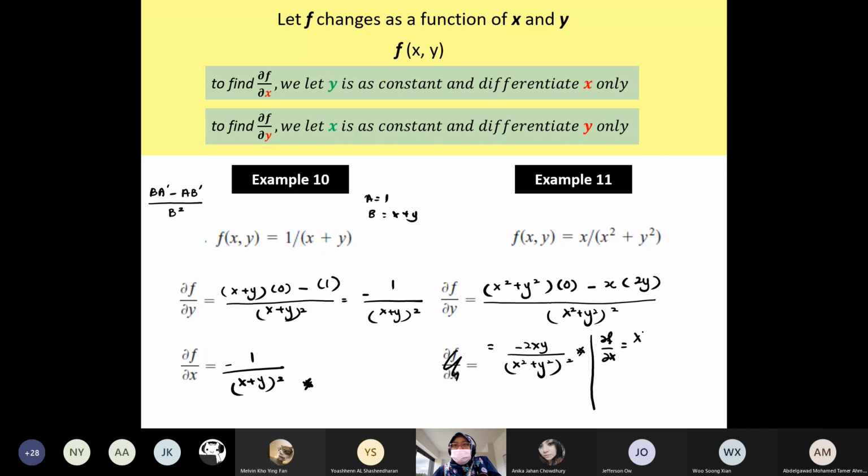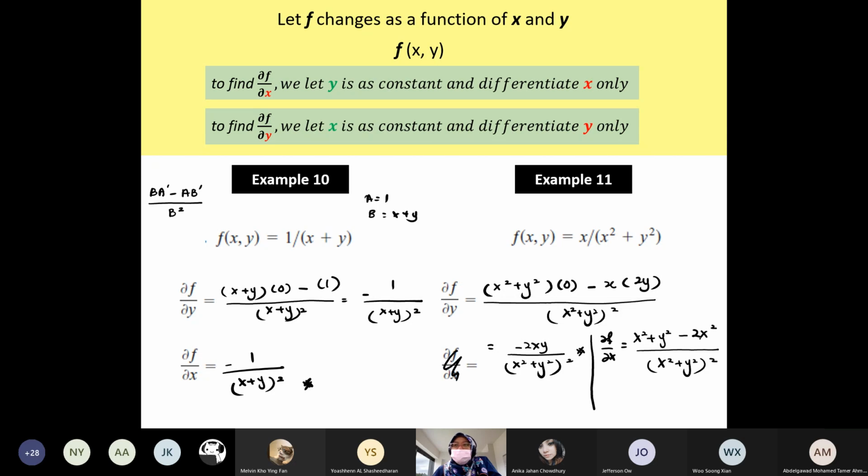So you have x squared plus y squared minus x multiplied by 2x, over x squared plus y squared.